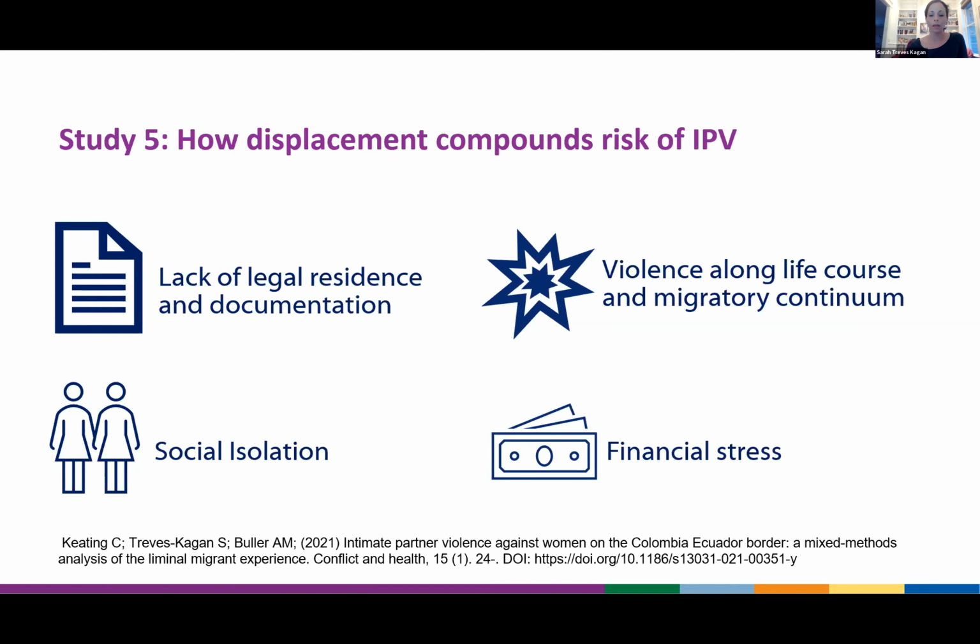And they described how their lack of legal residence and documentation, violence experienced along the life course and the migratory continuum, social isolation, including loss of support networks and restricted mobility, and lastly, financial stress, all exacerbated their risk of IPV and made it more difficult to leave it.